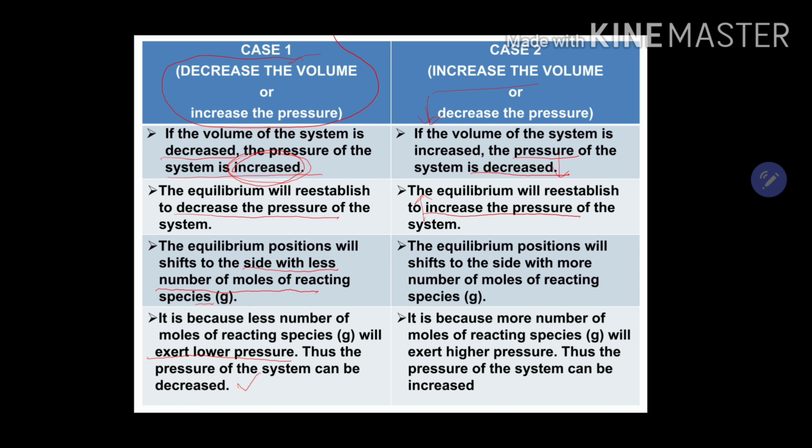How? The equilibrium position will shift to the side with more moles of reacting species. This is because more moles of reacting species will exert higher pressure. Thus, the pressure of the system can be increased.